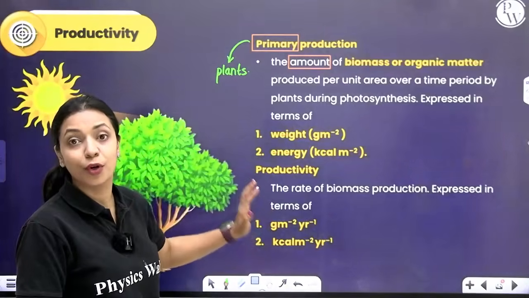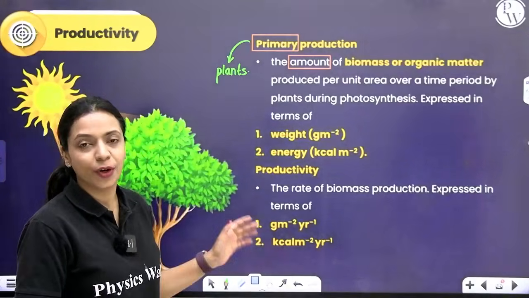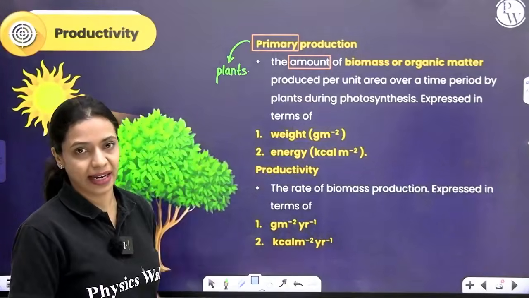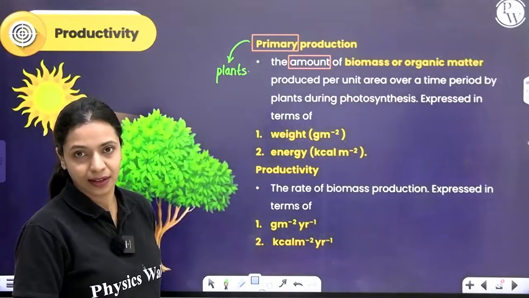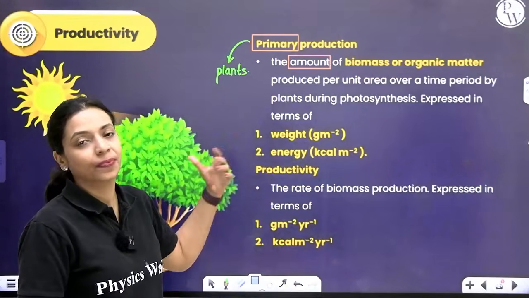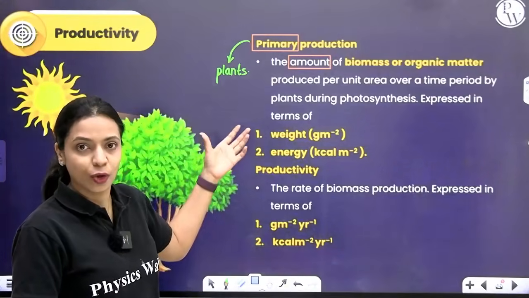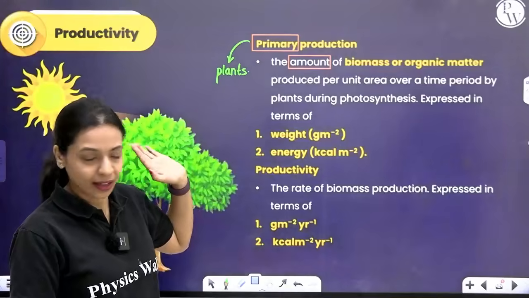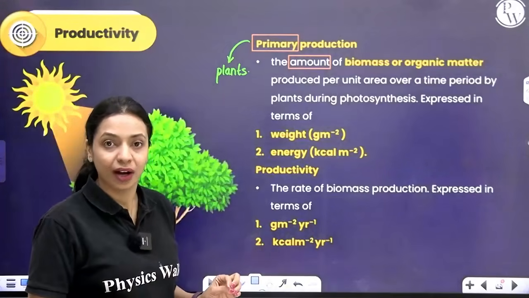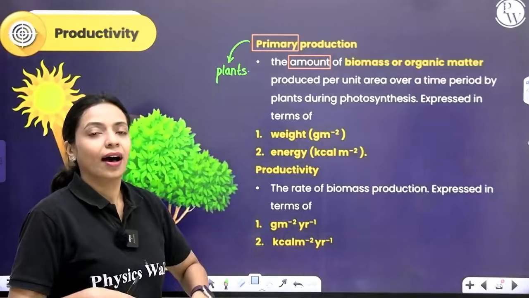Next, we have productivity. What is productivity? Productivity is the rate at which this biomass is getting synthesized inside the plant. Again, that also can be expressed. When we talk about rate, time comes in, right? At what rate means per year or per hour, how much is getting synthesized.